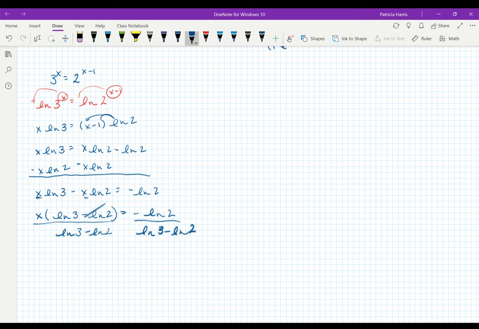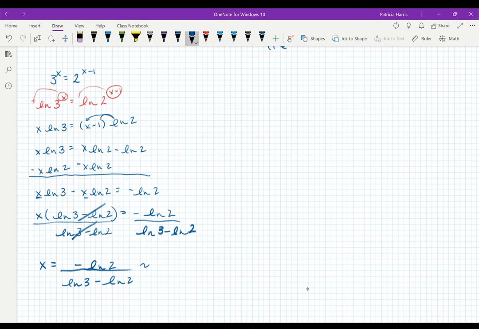All right, so these will cancel. So I get x is equal to negative natural log of 2 divided by natural log of 3 minus the natural log of 2. Again, this would be an exact answer.